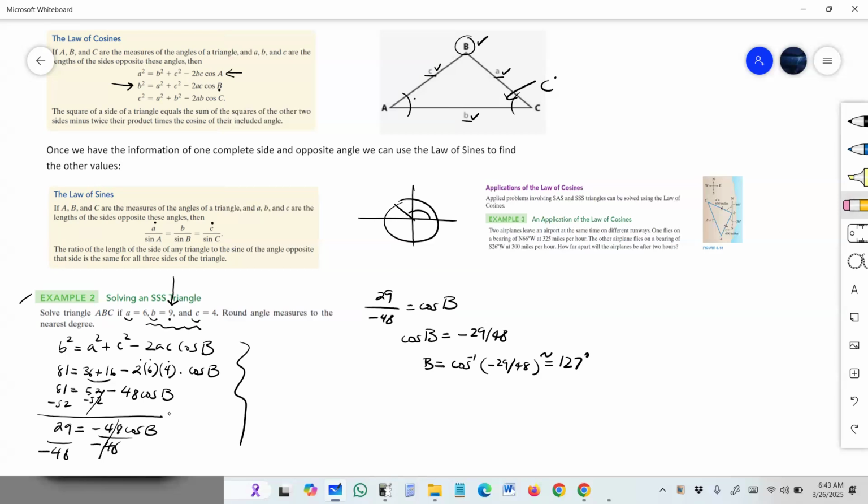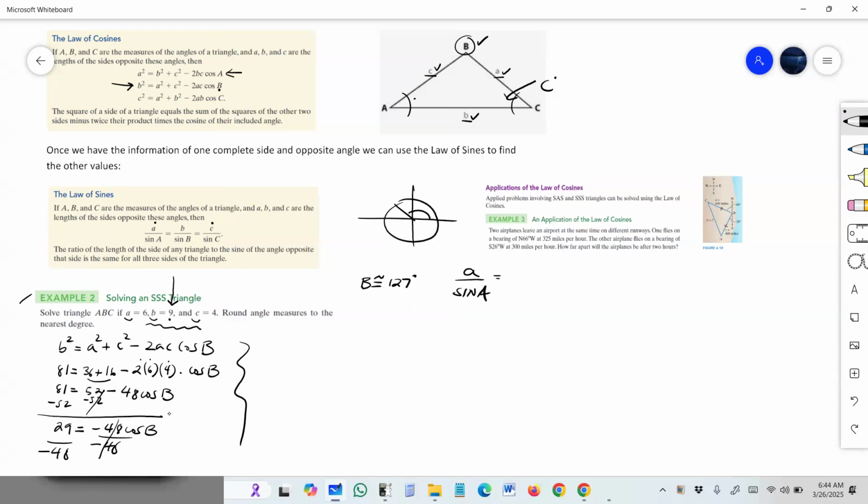B, I already know, is 127 degrees. And now I'm going to use A over sine A and C over sine C to find the angle C.